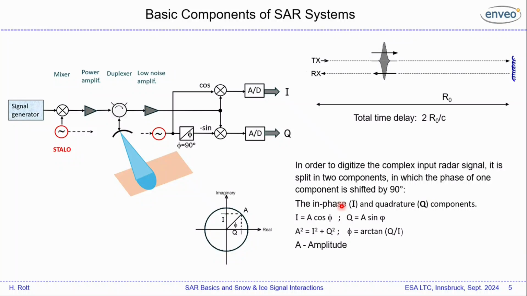Now, the basic components of a SAR system: we have a signal generator, producing, for example, the chirp, which we use for range measurements, and a stable local oscillator, which needs to be very stable.